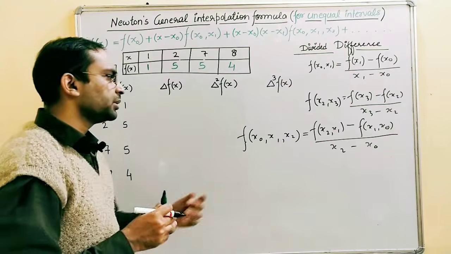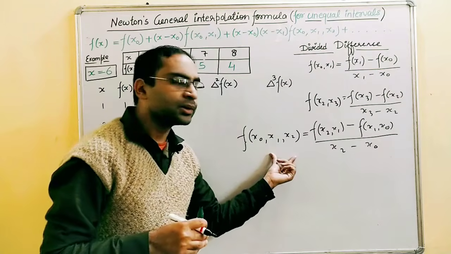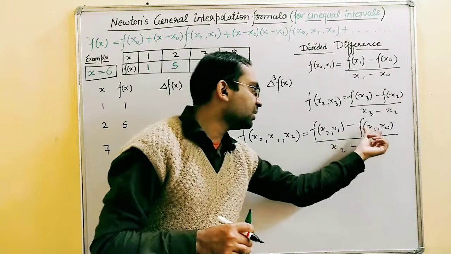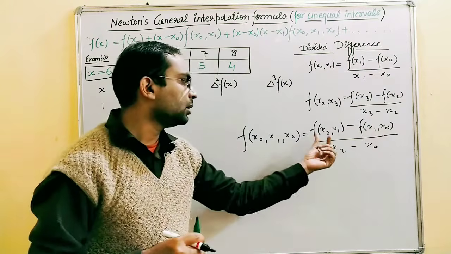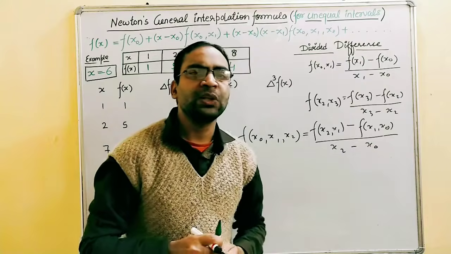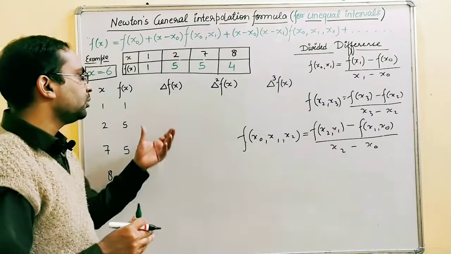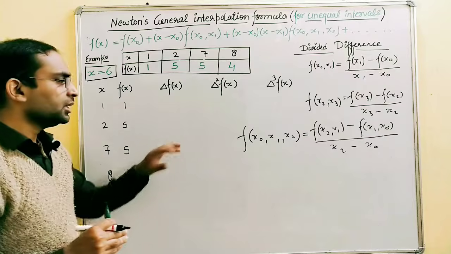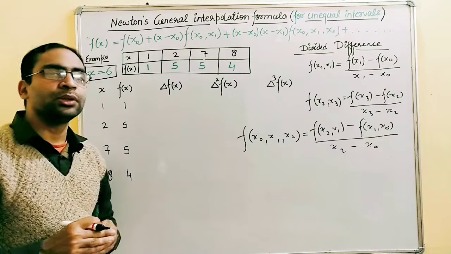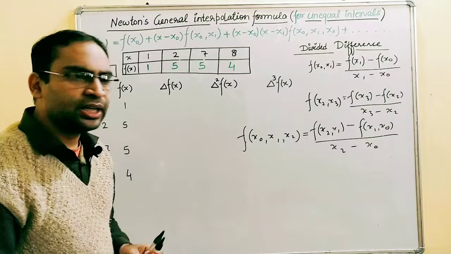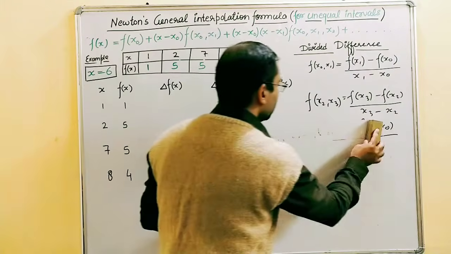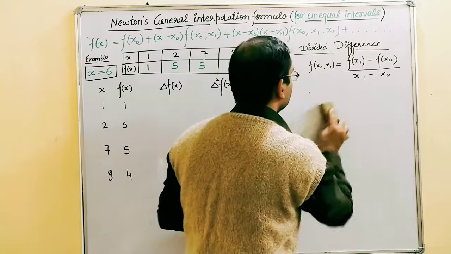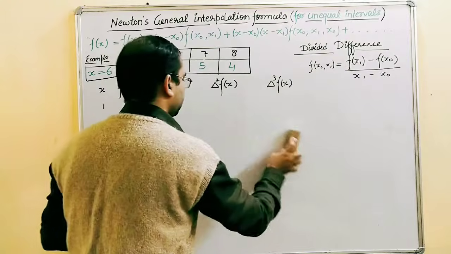So you can see this is the second divided difference: the first divided difference minus the first divided difference, divided by x2 minus x0. We'll see this with the help of the example and calculate all these divided differences. Then we'll substitute into Newton's formula. So let's create this divided difference table first, and then we'll continue with the question.